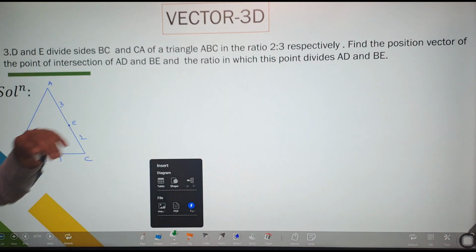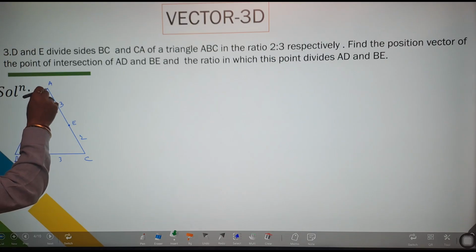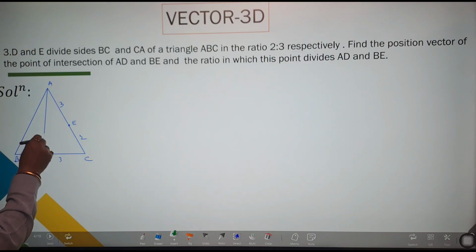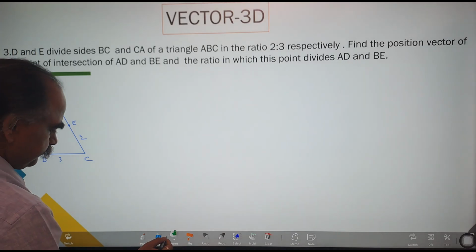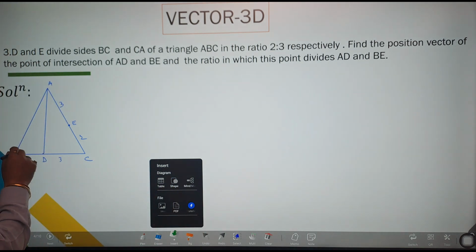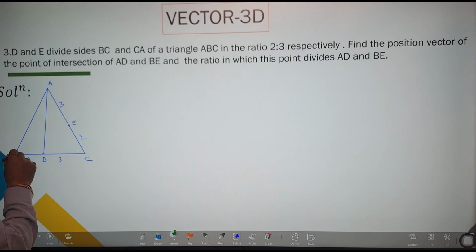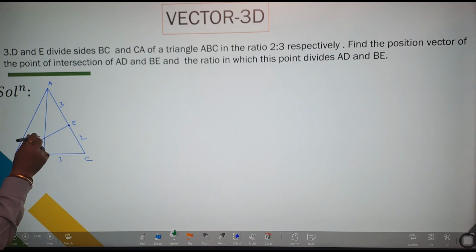Then further they are saying, find the position vector of point of intersection of AD and BE. This point we will take as P.